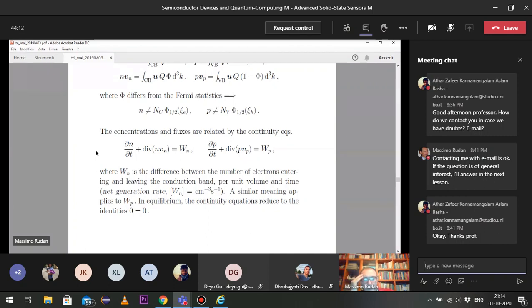So the two continuity equations that you find in the last line are simply the result of splitting the original continuity equation of the Maxwell equations into two parts. One part is related to the electrons only, and it is the one on the left, and the other is related to the holes only, okay?